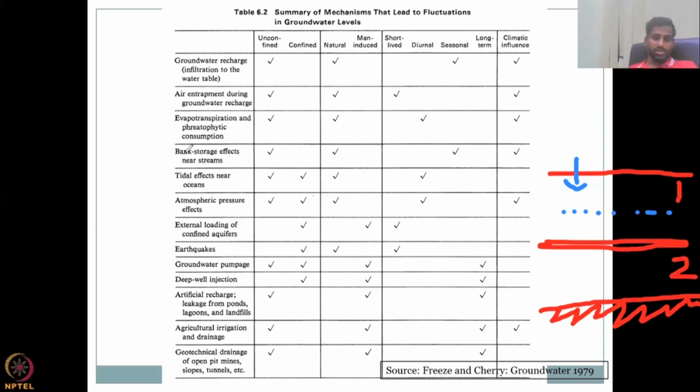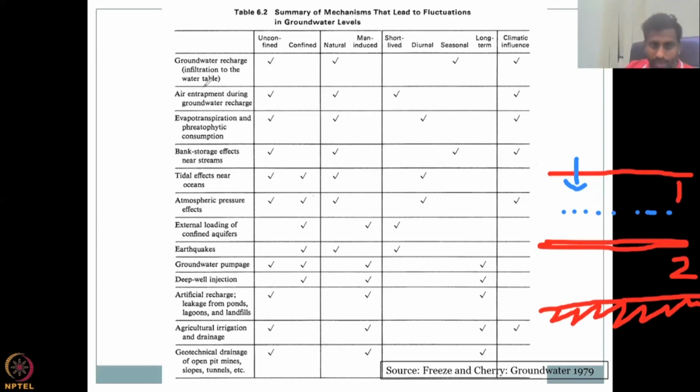Tidal effects near oceans, similarly. You have big waves, big tides that will come and hit the coast, and that happens in a cyclic pattern also. During certain periods of the month, you have a bigger tide and then small tide, big tide, small tide. So when this big tide comes, more water reaches the shore and that water can recharge.